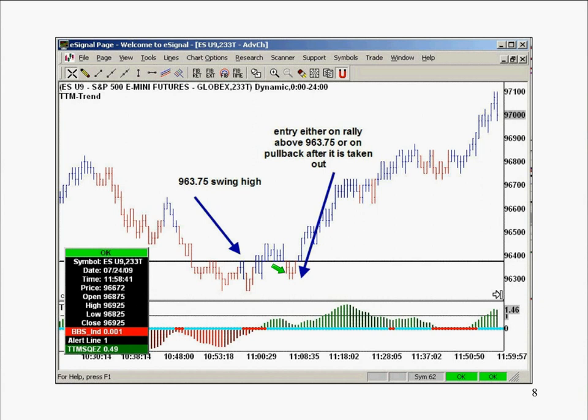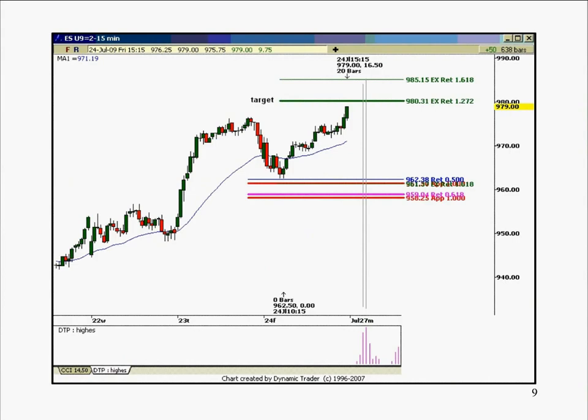So that's an example of the trade that we had yesterday. Let's say, for example, if you took the first trigger, you would be in at 964, or maybe it came in at 964.25 because you stopped yourself in, or you used a market order.